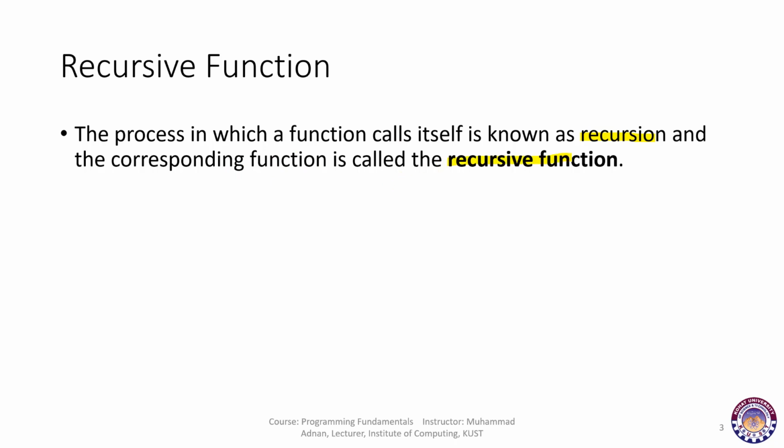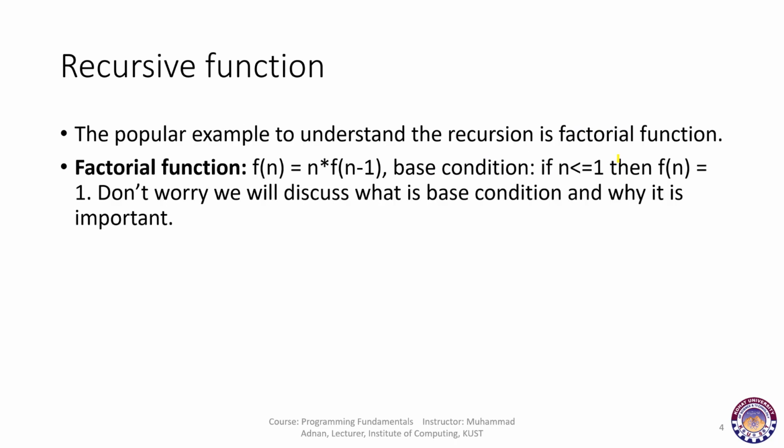Okay, so with that, let us discuss an example. The popular example to understand recursion is a factorial function. Now, what is a factorial function? Factorial function is f of n, where we multiply n with f of n minus 1.